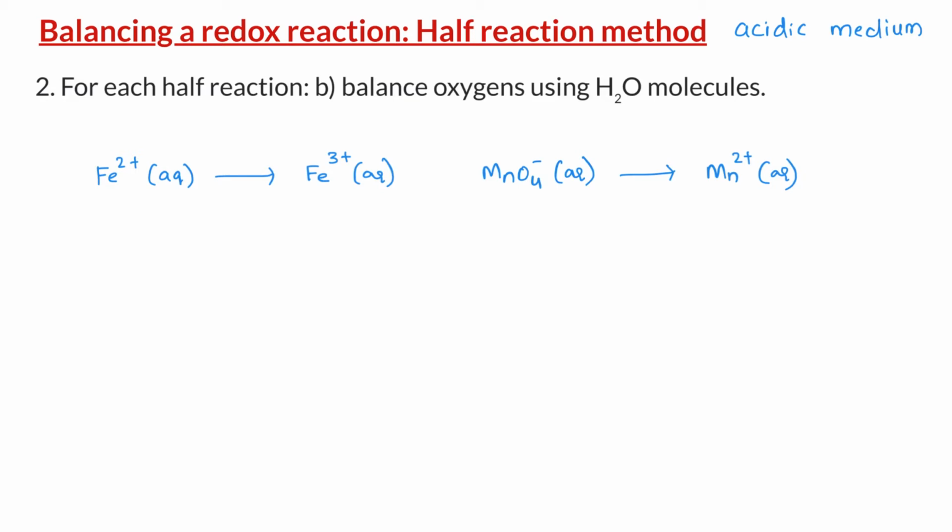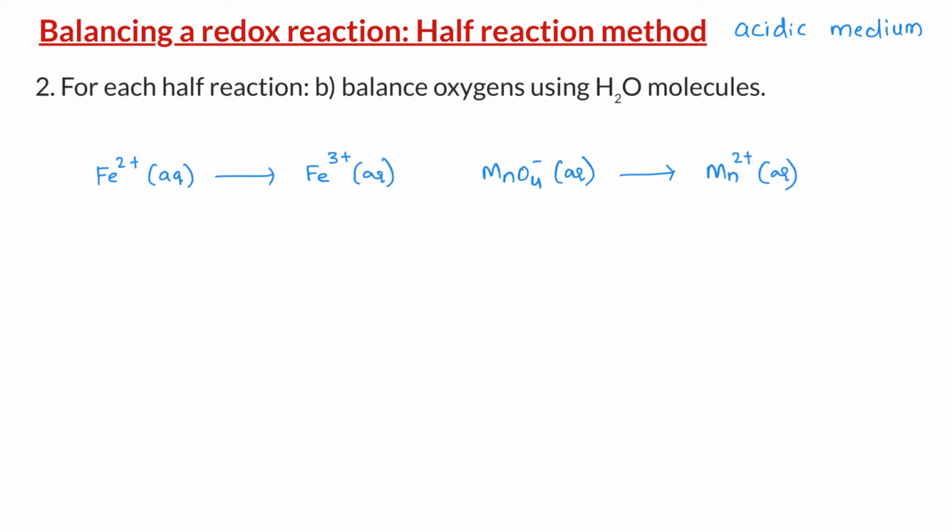In the previous step, for each half reaction, we balanced all the elements other than hydrogen and oxygen. Now, we balance oxygen by adding water molecules on the side that has fewer oxygens. For the oxidation half of the reaction, there are no oxygens to worry about.